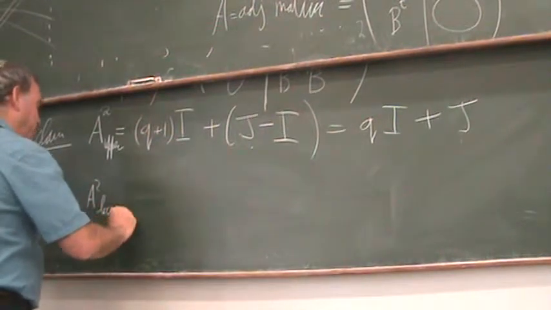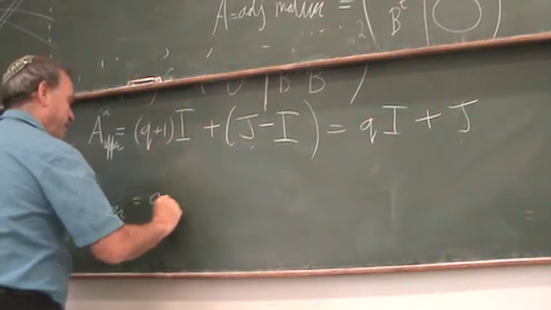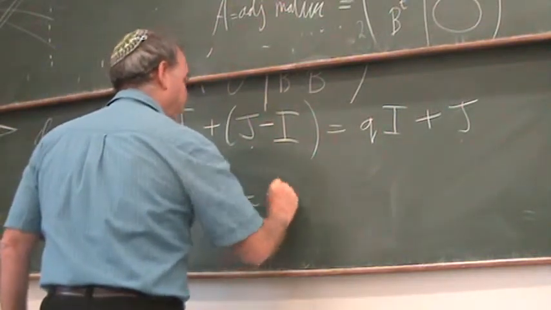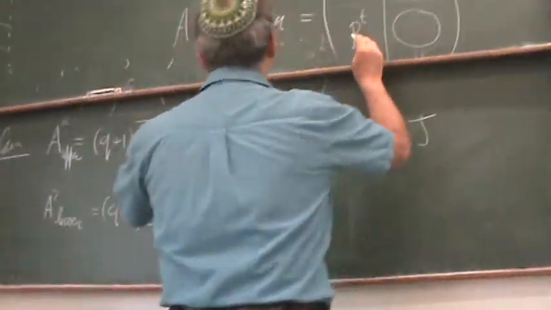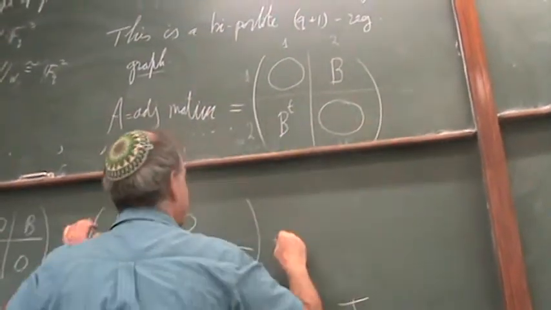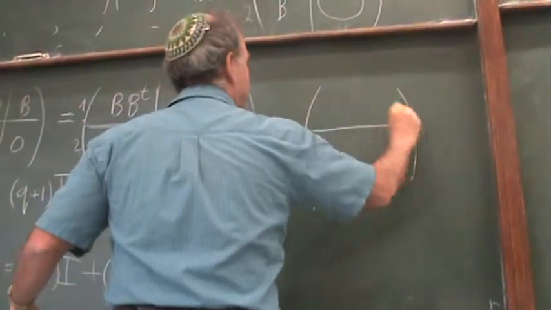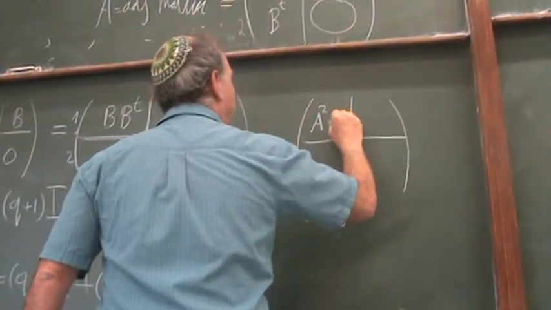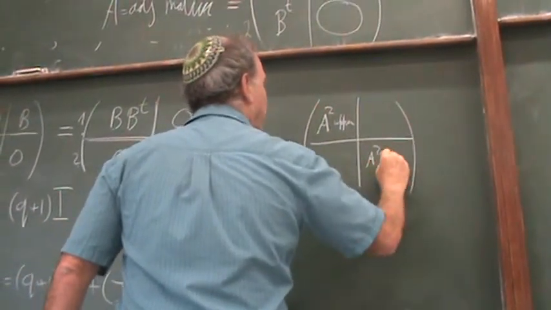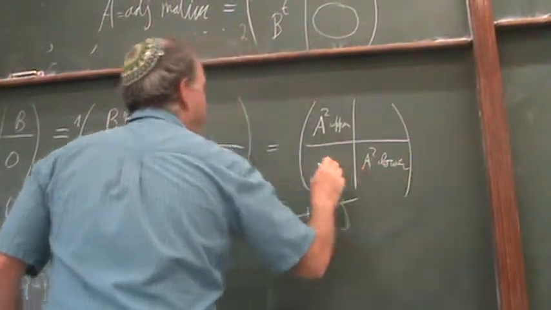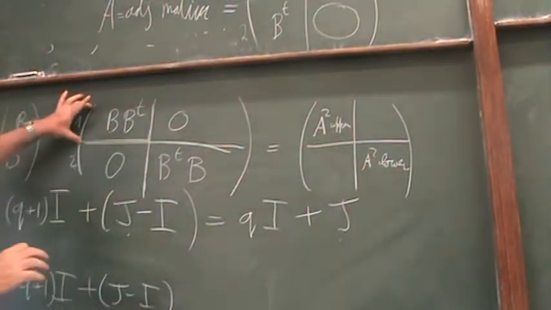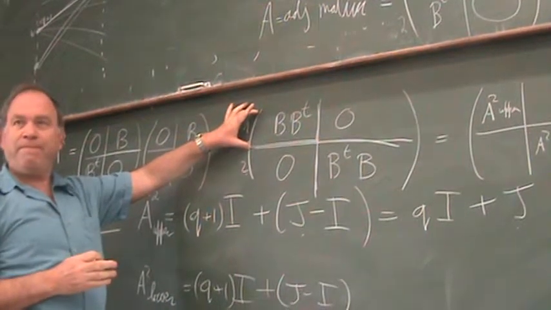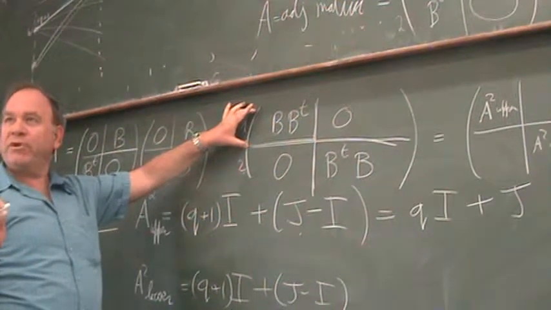It's the same thing, but I'm getting it twice. This is A squared upper, and this is A squared lower. If I do it only on those of this side, that's what I get. Are you with me? It's okay.